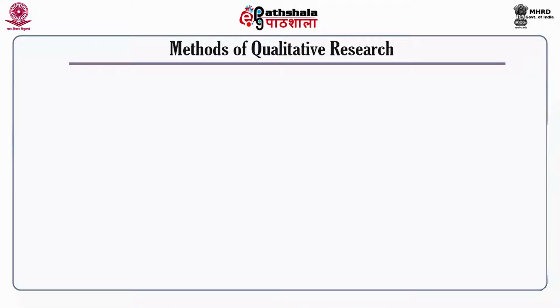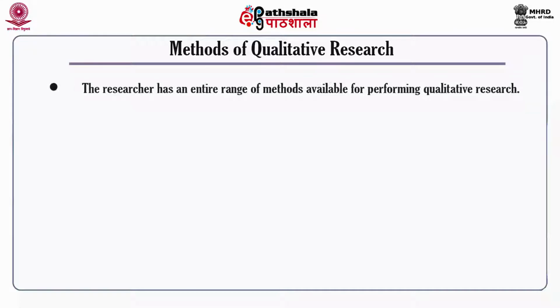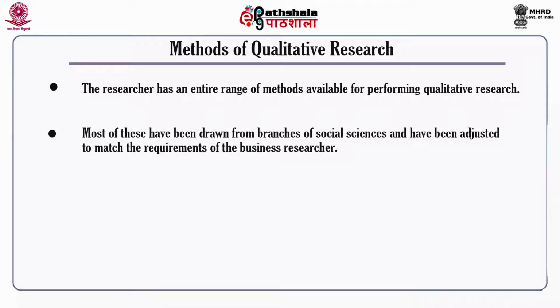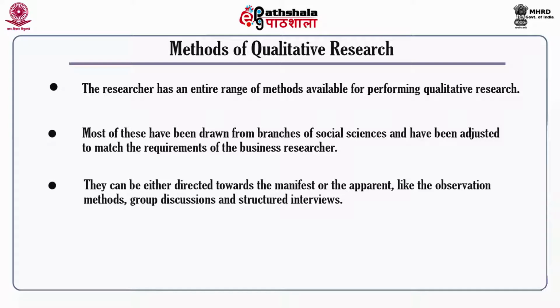Methods of qualitative research. The researcher has an entire range of methods available for performing qualitative research. Most of these have been drawn from branches of social sciences and have been adjusted to match the requirements of the business researcher. They can be either directed towards the manifest or the apparent, like the observation methods, group discussions, and structured interviews.